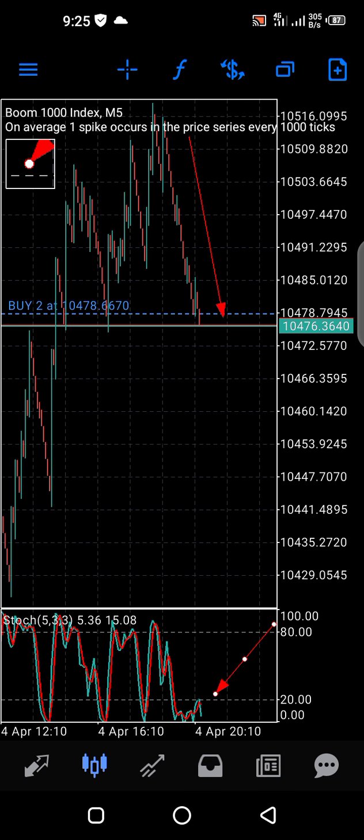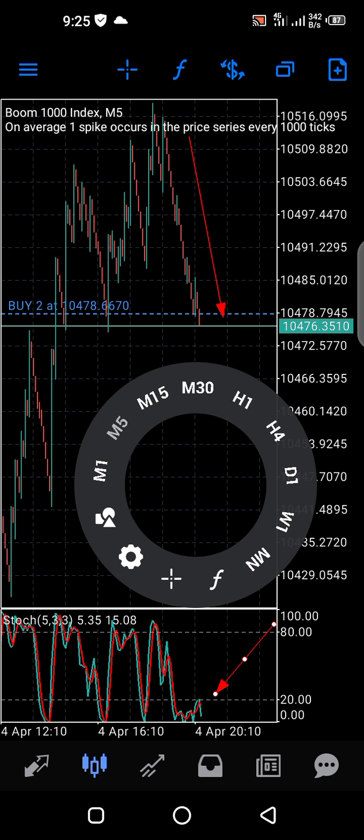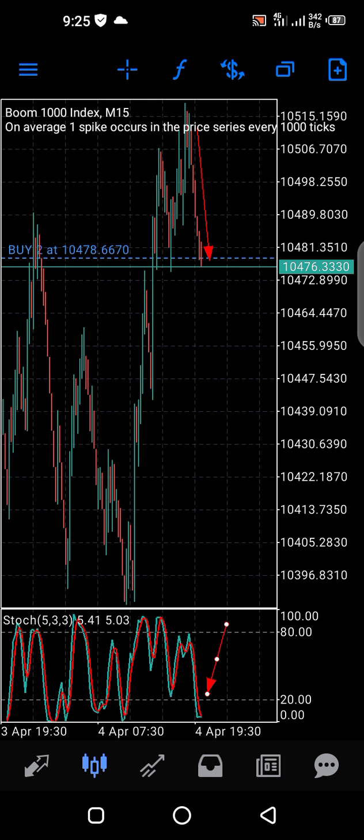Now let me show you something also on another time frame, which is M5. You can see at M5 the stochastic is about crossing, which means when the green line and the red line cross each other, it will go up.